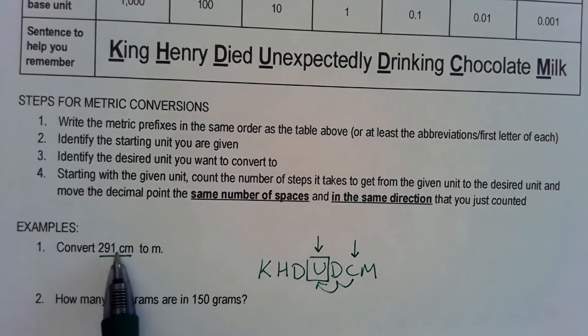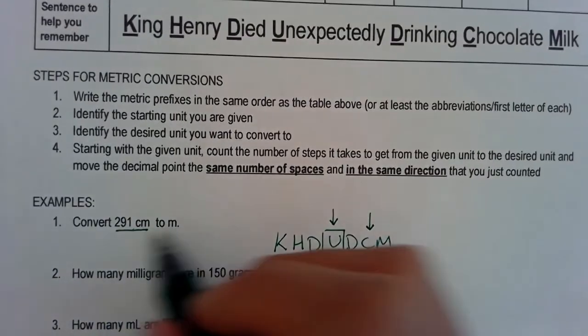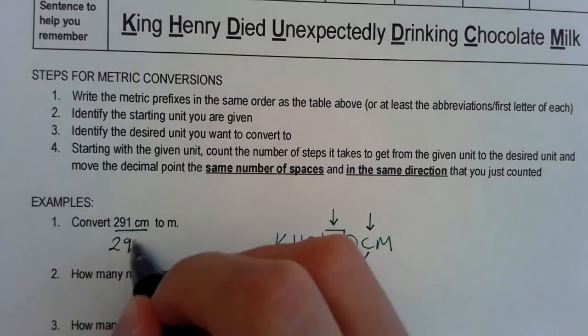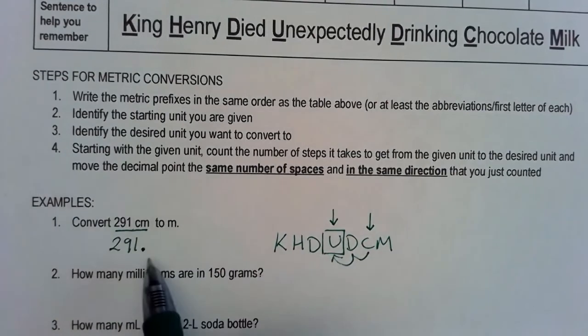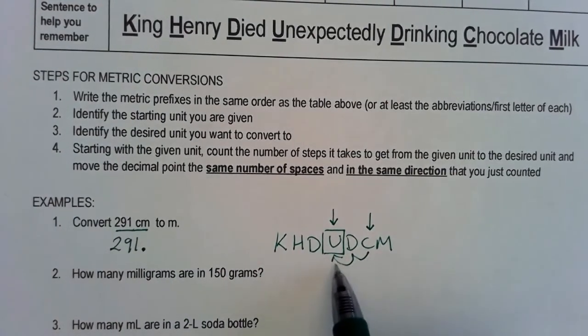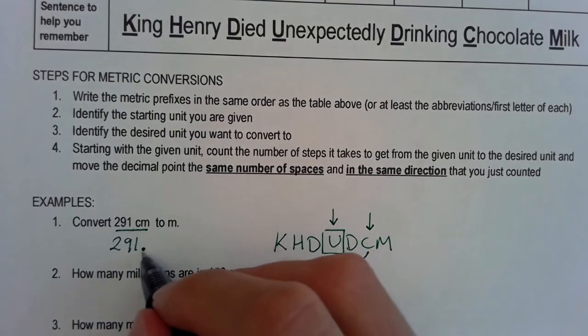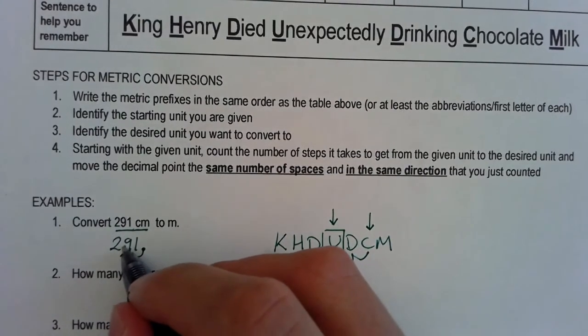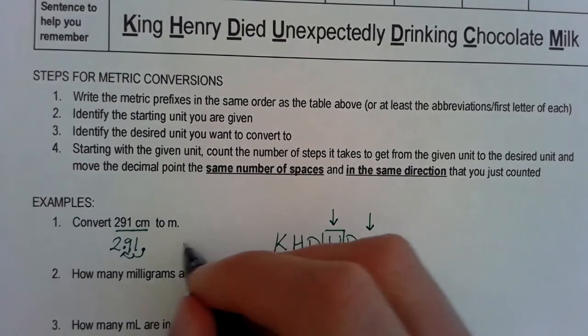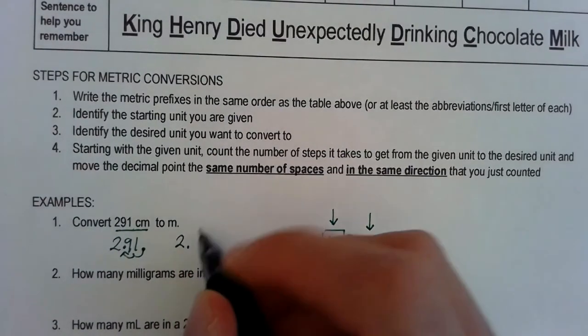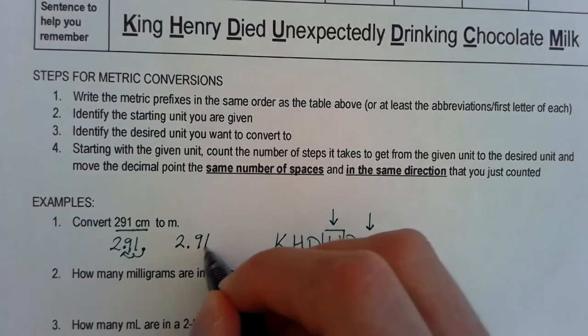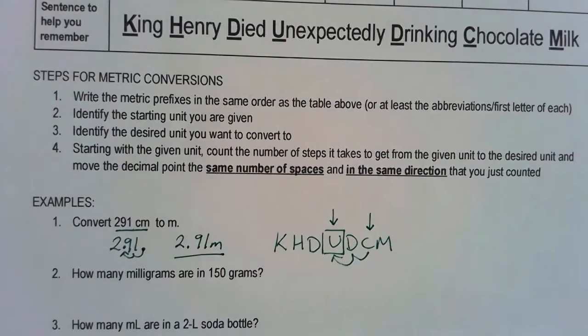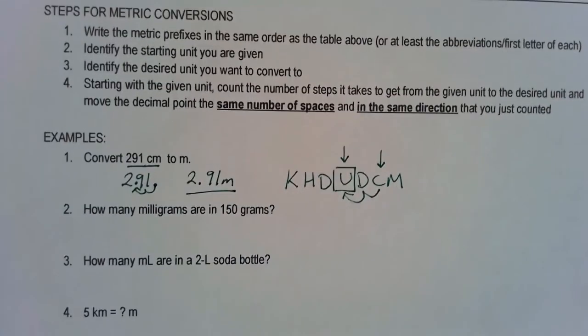Now they didn't write a decimal point, but we know exactly where it would be. So 291, the decimal point would be here right after the units, and just move it the same way we did on our list of prefixes. So 1, 2. New decimal point here means that would be 2.91 meters. Final answer. Let's do another one.